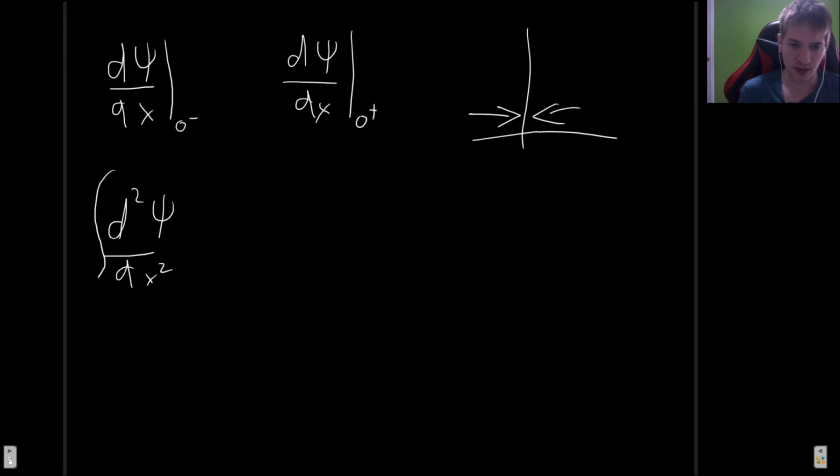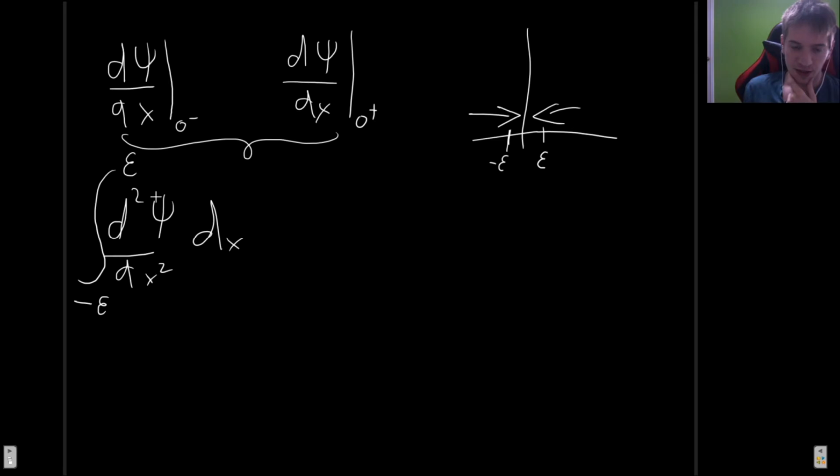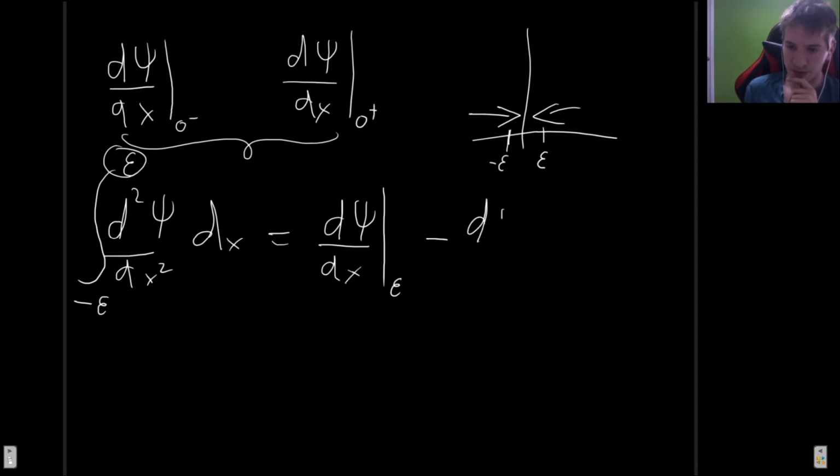If we were to integrate this from some very small infinitesimal number, epsilon, from negative epsilon to positive epsilon, and then we make that epsilon go to 0, we could actually find exactly this, because if we integrate this from minus epsilon to epsilon dx, from the fundamental theorem of calculus, this is just going to be the derivative of psi with respect to x evaluated at the positive part, epsilon, minus this derivative with respect to x evaluated at minus epsilon.